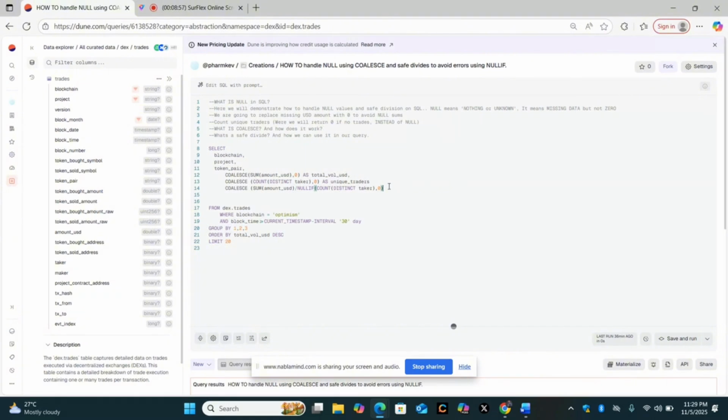We have written these three queries. We had our alias as average trade value.